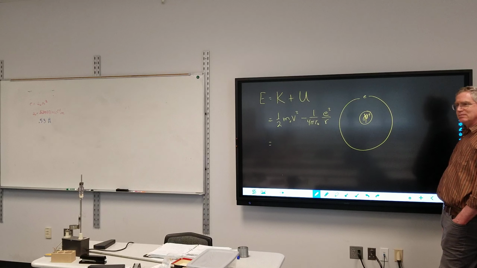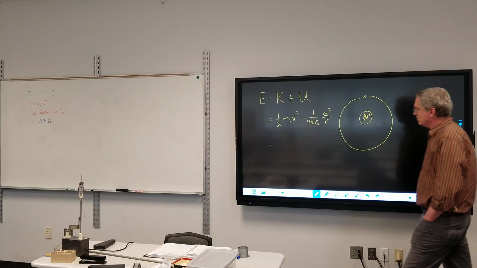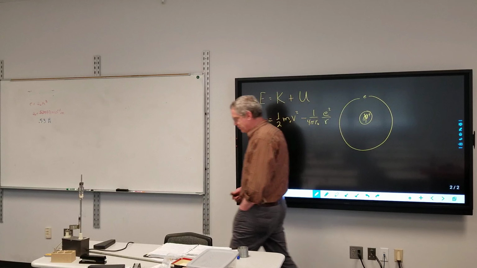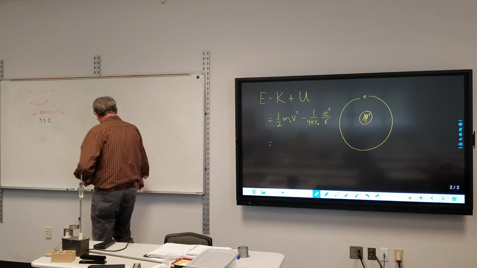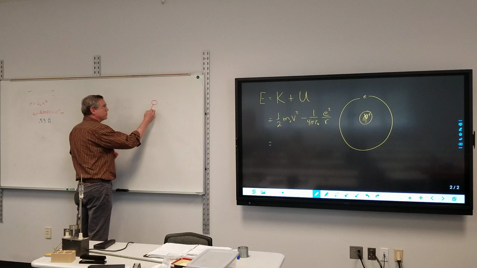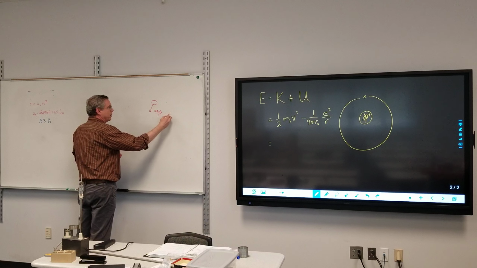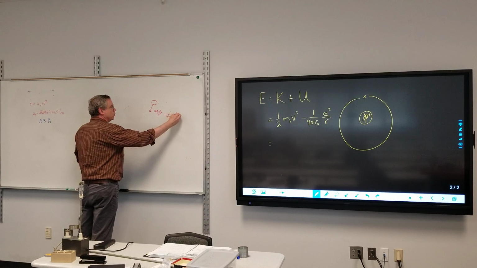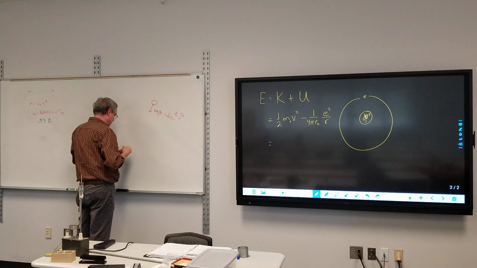Centripetal. That's the one I'm thinking of. What's the force acting on the electron? The electric force, pointing towards the center. That's the K Q1 Q2 over R squared, or 1 over 4 pi epsilon naught Q1 Q2 over R squared.